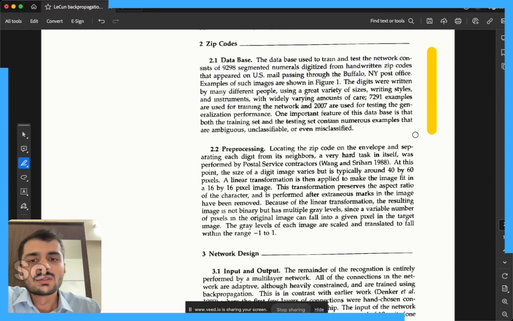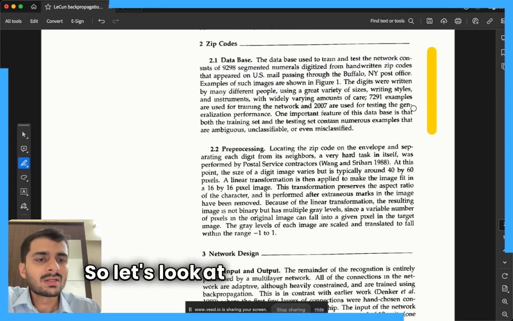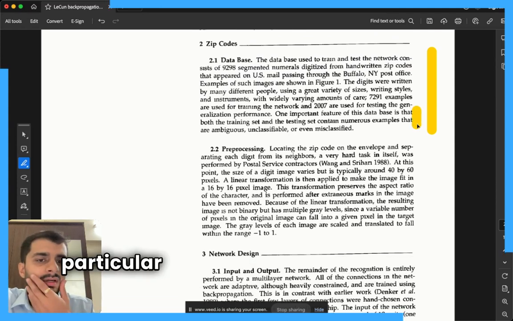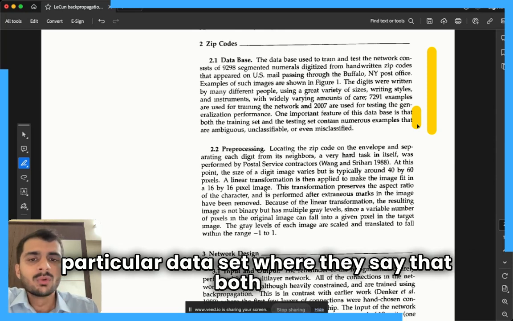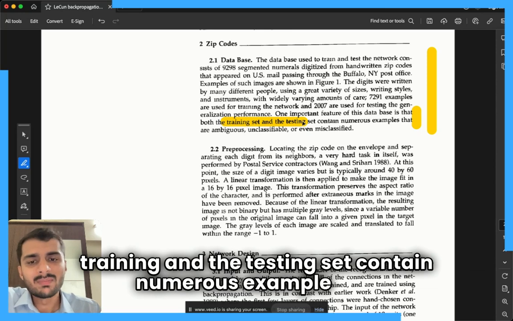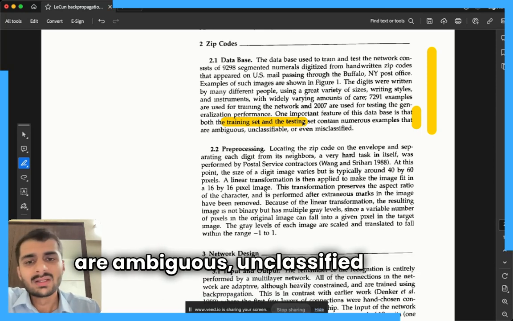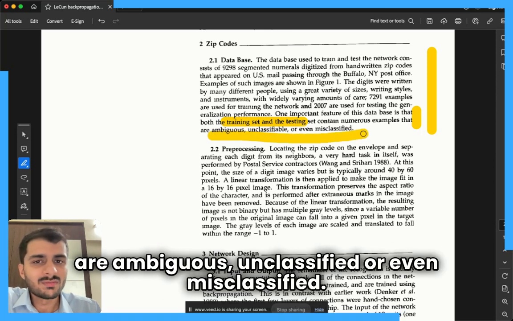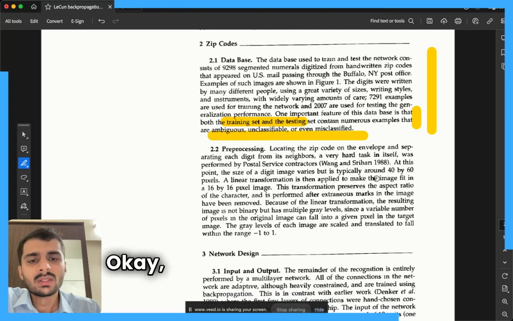Right. So let's look at the last point of this particular data set, where they say that both the training and the testing set contain numerous examples that are ambiguous, unclassified, or even misclassified. Okay.